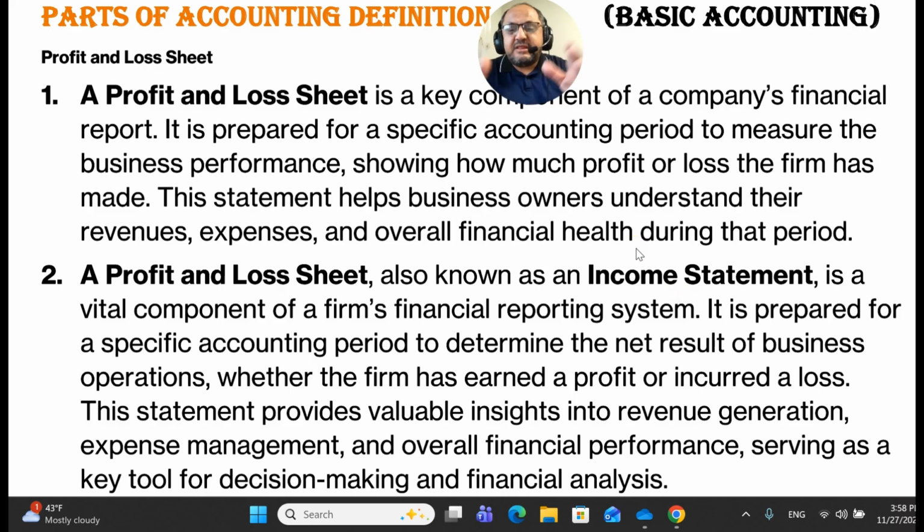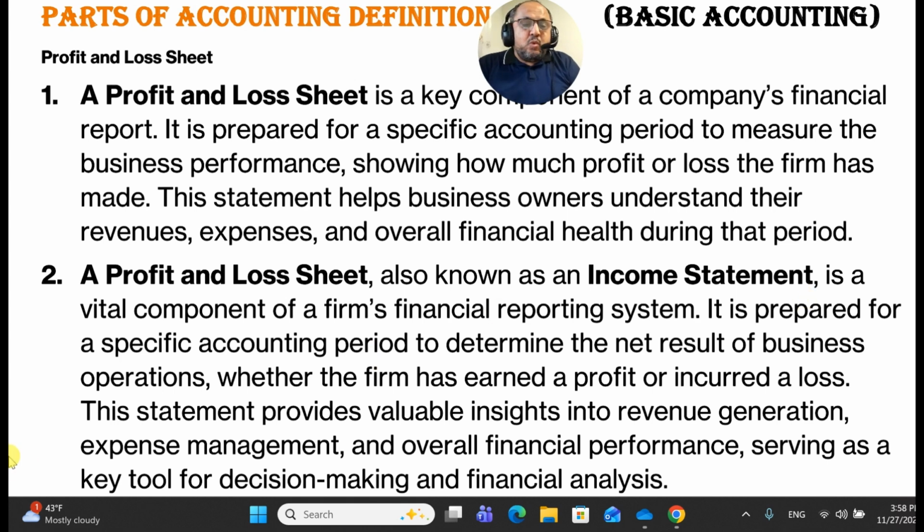In profit, increase your business, spread your business, sell your franchise to other business people. If you are in loss, stop those activities which are unnecessary. Stop those expenses which cause your loss and affect your profit. This is called an income statement or profit and loss sheet.